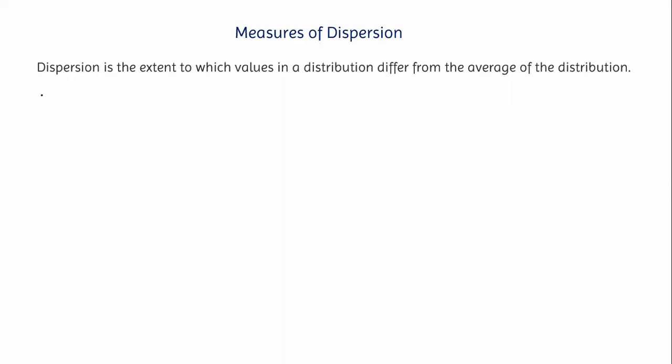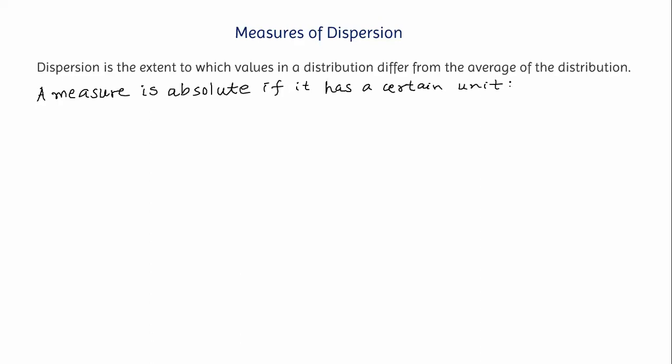Now, a measure of dispersion will be either absolute or relative. Absolute if it has a certain unit, kilogram, centimeter, something like that, then that measure is called an absolute measure.